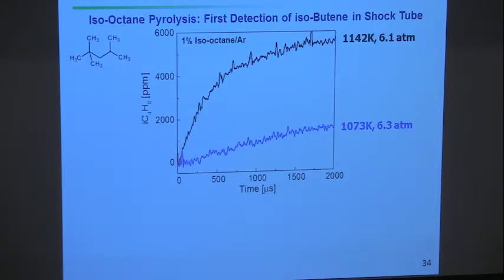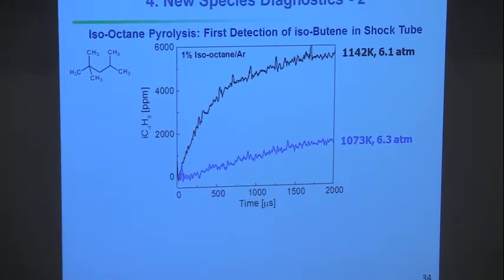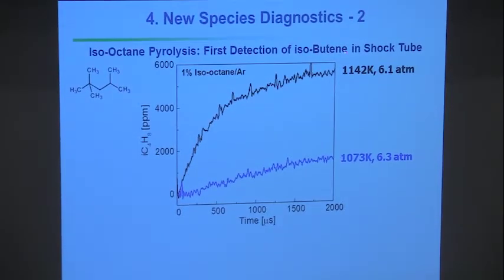Here's an example. This was the first time we detected isobutene. Butene, that's C4H8, but it's branched. And we produce the isobutene by heating isooctane and then watching the formation of the isobutene.